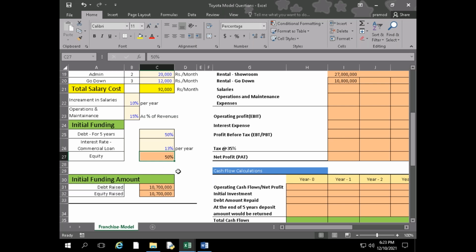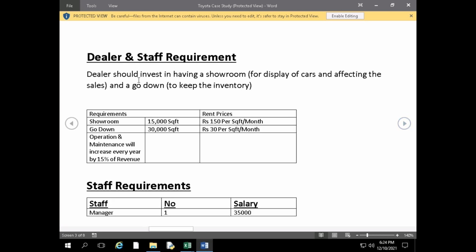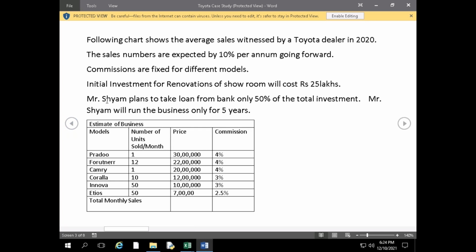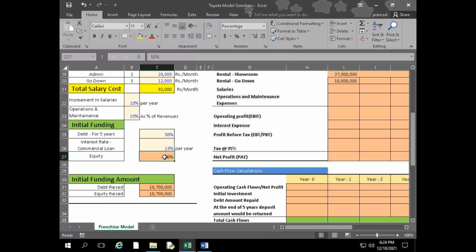They have not mentioned equity, no, sir? No, they have not. Not mentioned in the sense that it is understandable, right? If I'm taking 50% as a loan, then the other 50% is the equity. Like from shares, they'll collect from shareholders, no, sir? Yeah, it can be anything.